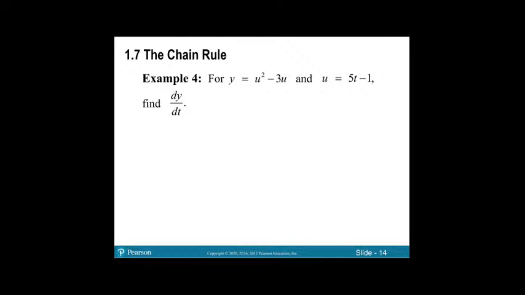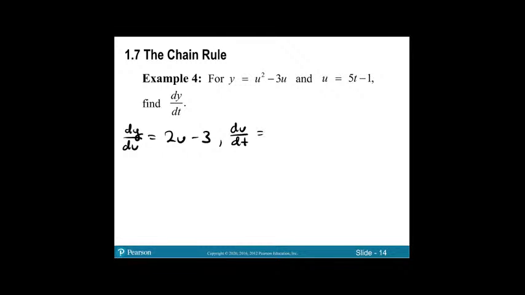So first let's find dy by du, the derivative of y with respect to u. That's going to become 2u minus 3. Then let's find du by dt, the derivative of u with respect to t. That's going to be 5.